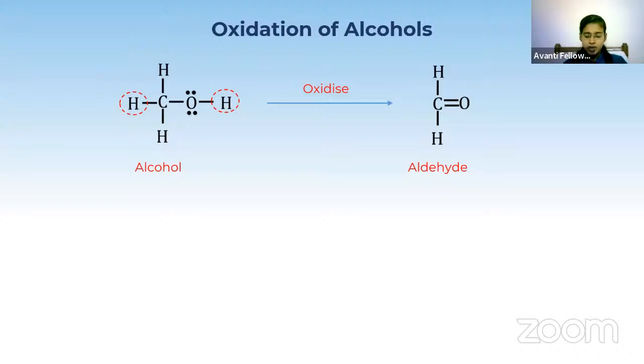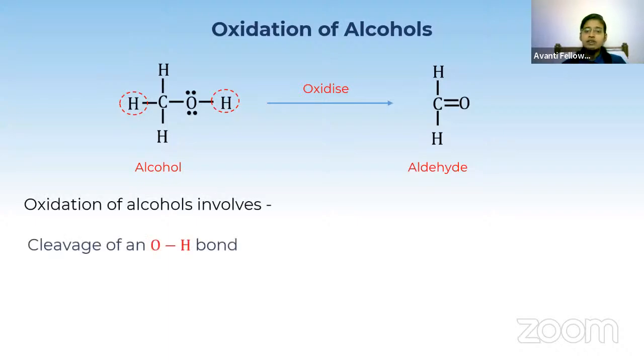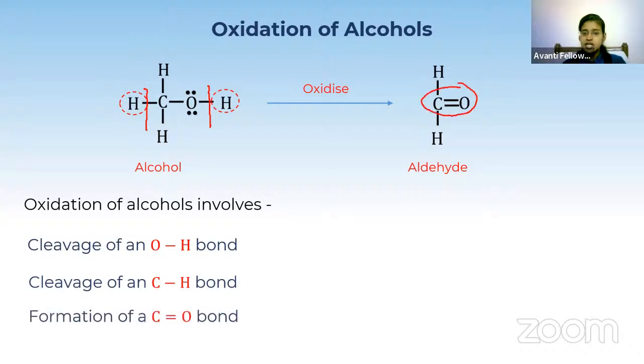Basically, the oxidation of alcohol involves the cleavage of an OH bond and the cleavage of a CH bond. Both the bonds are getting cleaved and there is a formation of a C=O bond.